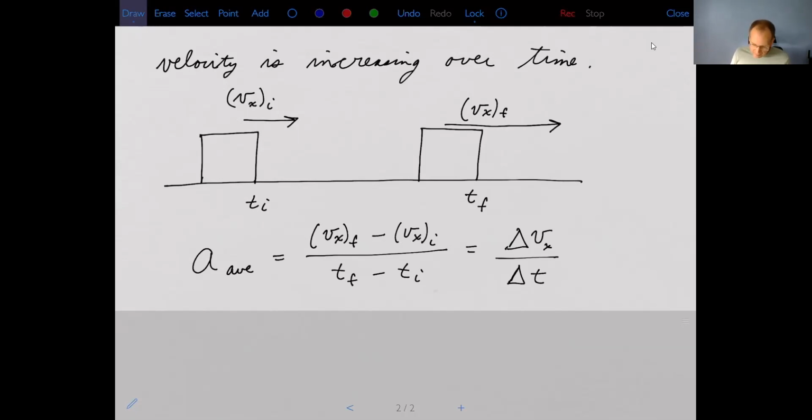Okay, what does this look like graphically? Let me go to a new page. In this case, let's look at a graph of velocity versus time, and let's assume that it's linear.